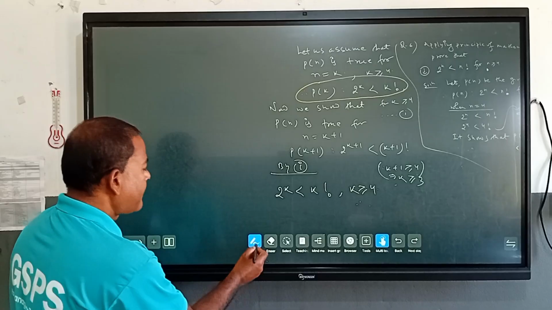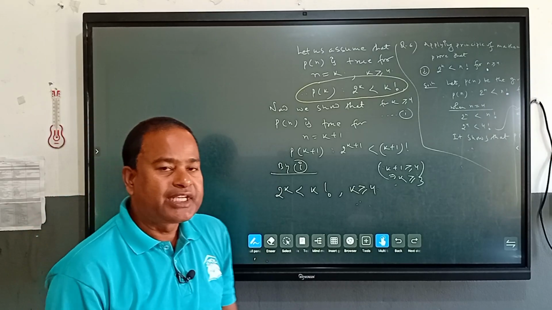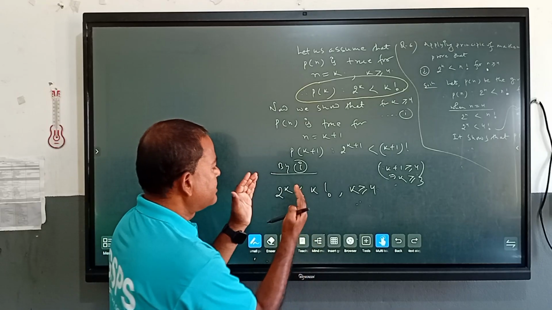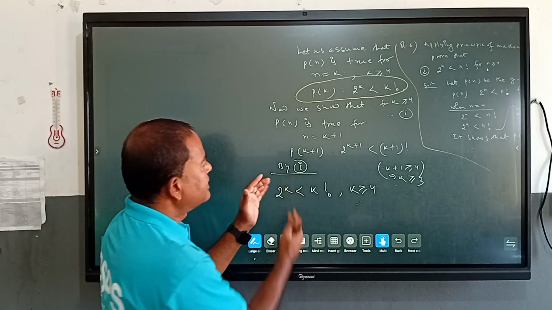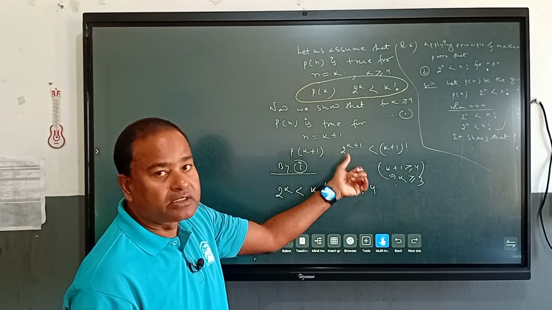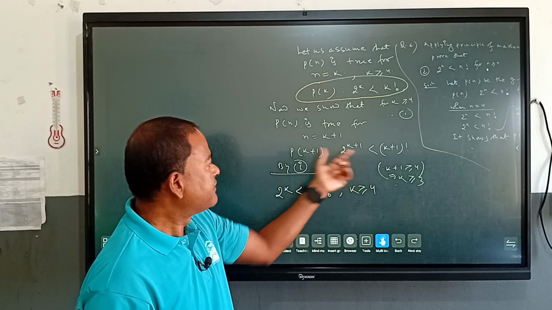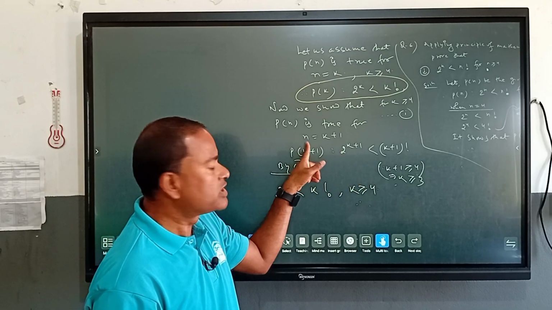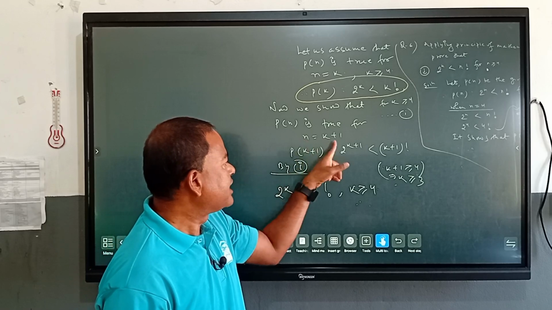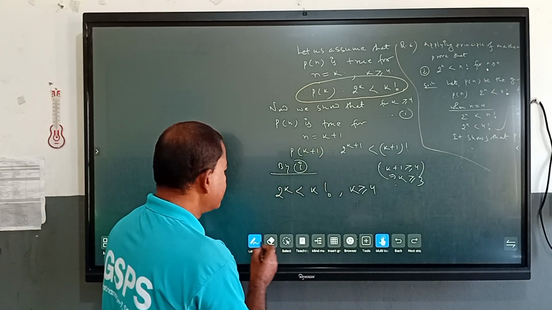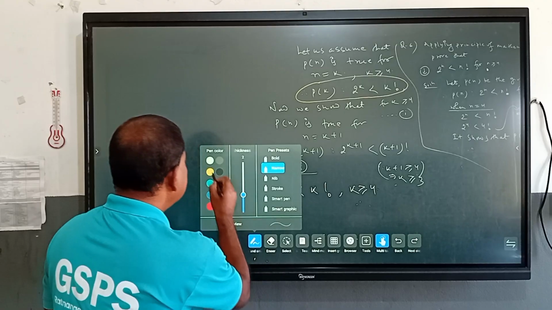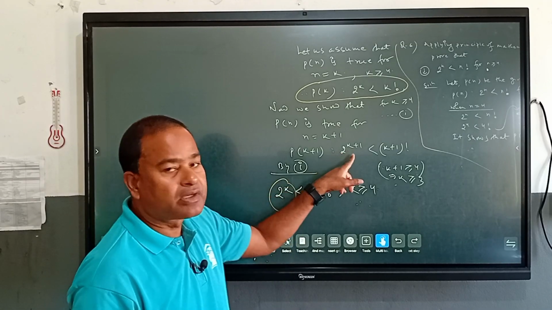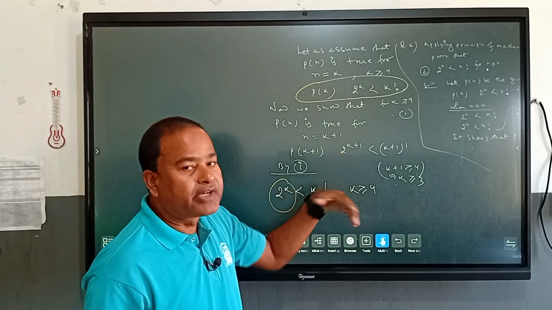So dear students, we need some manipulations, because we are going to make the expression of the left hand side same as the expression of the left hand side of the statement, which we are going to show for n equals k plus 1. So dear students, we are going to change 2 power k in terms of 2 power k plus 1.